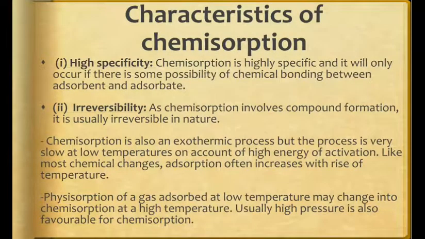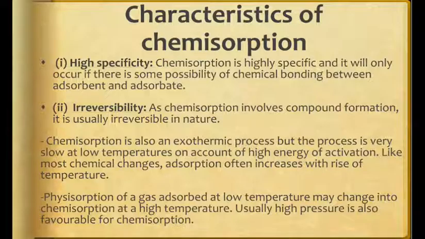Now the next is characteristics of chemisorption. Chemisorption is highly specific. So number 1 is high specificity. It is highly specific and it will only occur if there is some possibility of chemical bonding between adsorbent and adsorbate. Number 2, it is irreversible.